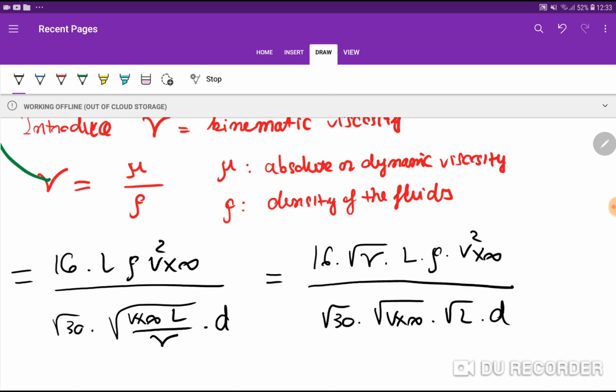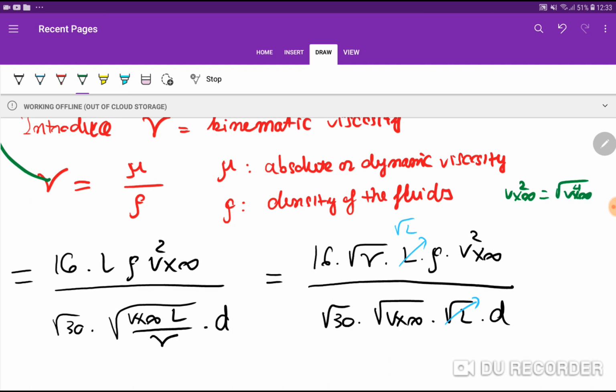Okay, what can we simplify? Square root of L and square root of L is gone, so this becomes square root L. Okay, recall that Vx infinity square is square root of Vx infinity to the power of 4.